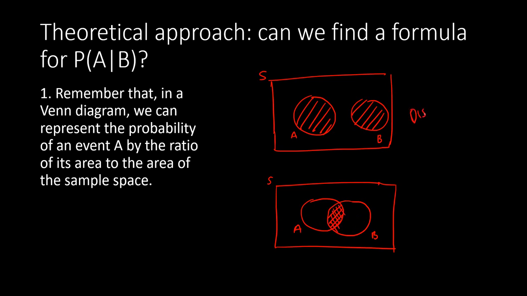Remember, this is called disjoint events. This is called joint events. Okay, so this is just a brief reminder of these joint events, Venn diagrams, and the mathematical significance of the areas of these events, right?